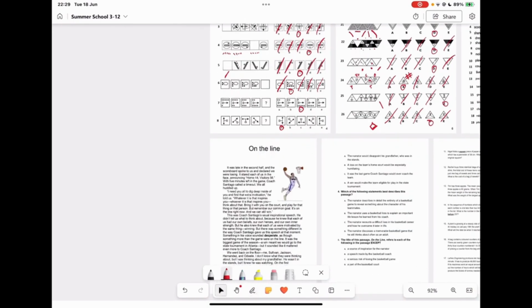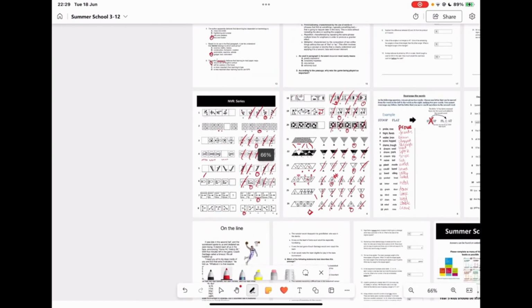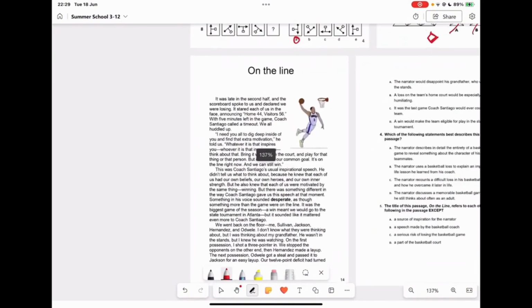Then page 14 is here. Okay, so 14. On the Line. It was late in the second half and the scoreboard spoke to us and declared we were losing. It stared each of us in the face, announcing home 44, visitors 56, with 5 minutes left in the game. Coach Santiago called a timeout.